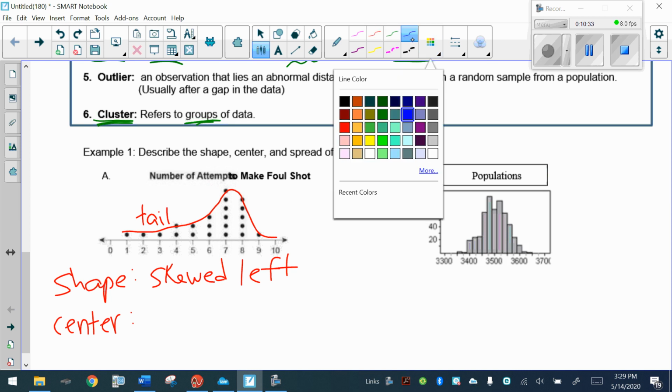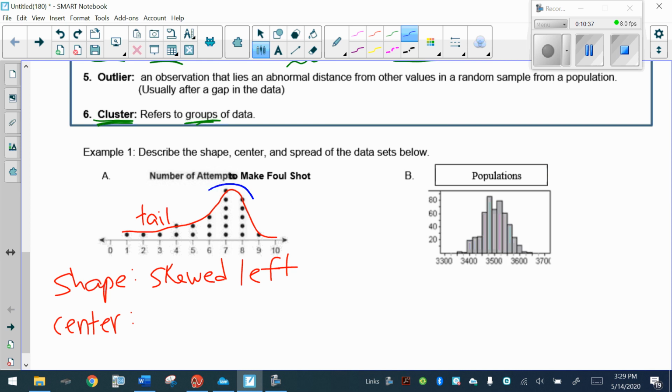So what I do is I look at where there is a cluster of most of the data, and then I just find roughly the middle of that. So for me, I'm going to say this center is roughly at 7. Again, it's gray area. I would say if you said 6 or 6.5 even, that would probably be okay.